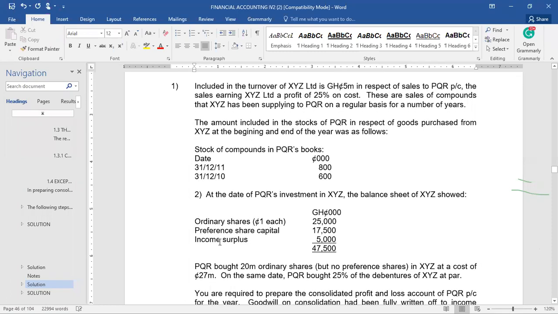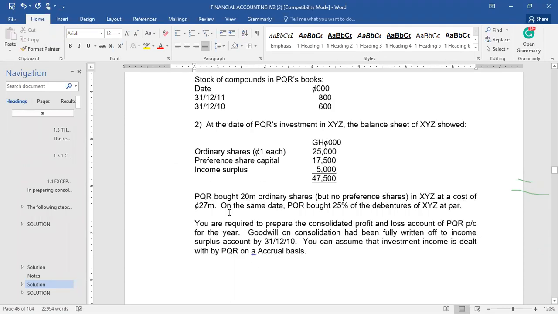The additional information also states that at the date of PQR's investment in XYZ, the balance sheet of XYZ showed ordinary shares of 25,000, preference share capital of 17,500, and income surplus of 5,000. PQR bought 20 million ordinary shares, but no preference shares, in XYZ at a cost of 27 million.